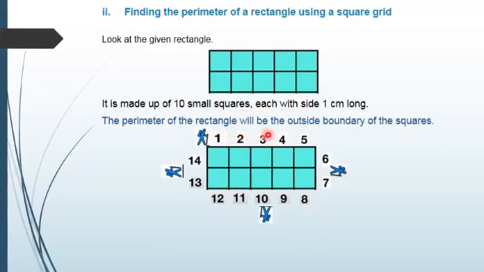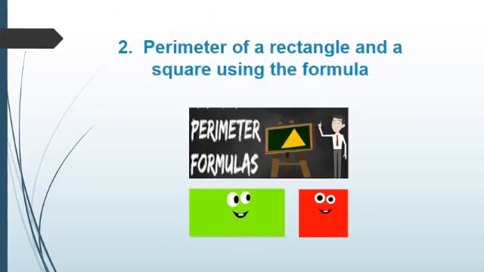So, it took us 14 spaces to walk around the outside of this shape. So, the perimeter of the given rectangle will be 14 centimeters. The next method to find out the perimeter of a rectangle and a square is using a formula.